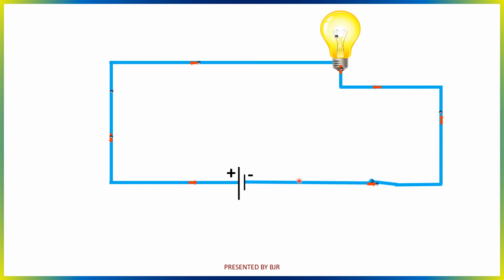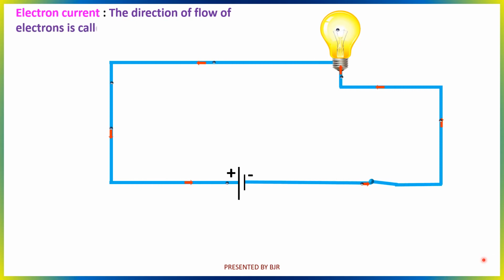So this is called the electron current. Here arrows are also moving along the direction of the flow of electrons in the conductor. The direction of flow of electrons is called electron current. Okay, it is from negative terminal to positive terminal.